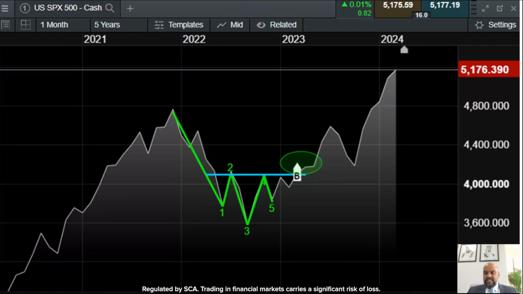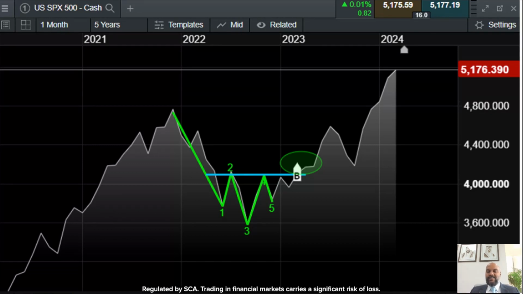Do wicks and tails form part of support and resistance? Yes, they could be considered for support and resistance because the price action is still valid. Let's say every time the price moves to a certain level, although it has formed a wick, that particular price happening 2 to 3 times would be considered as a support and resistance.